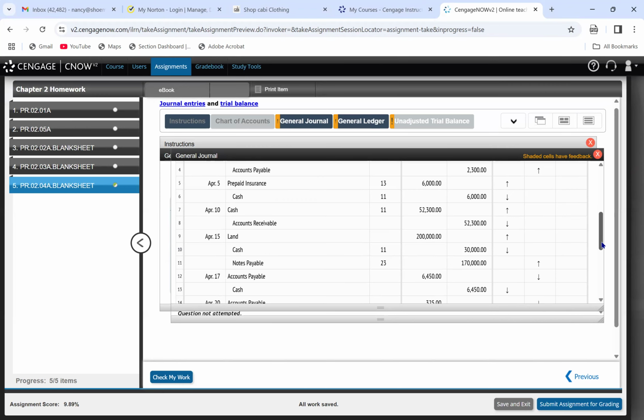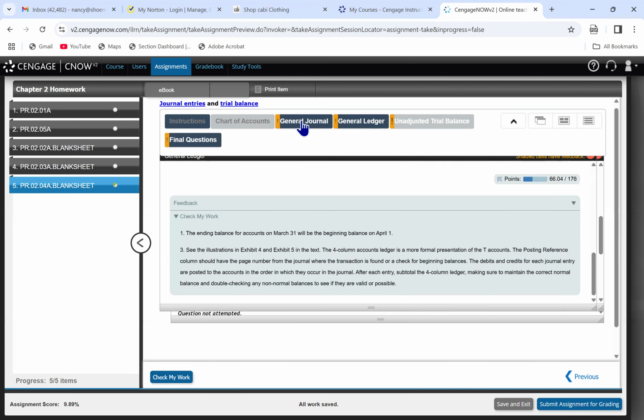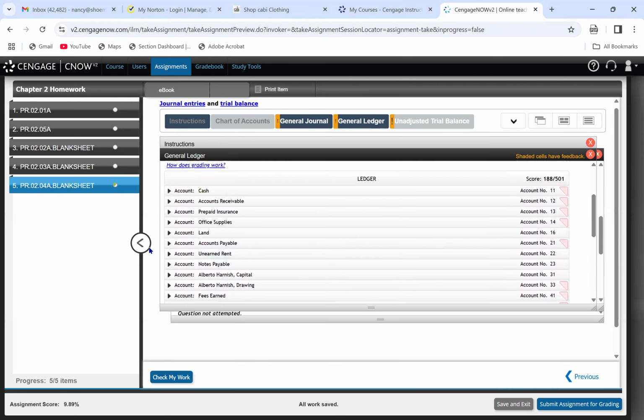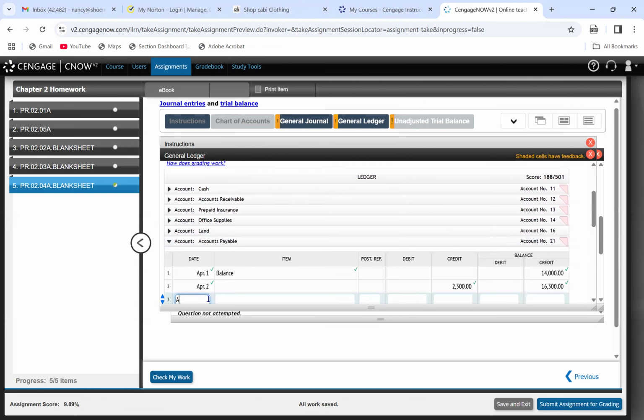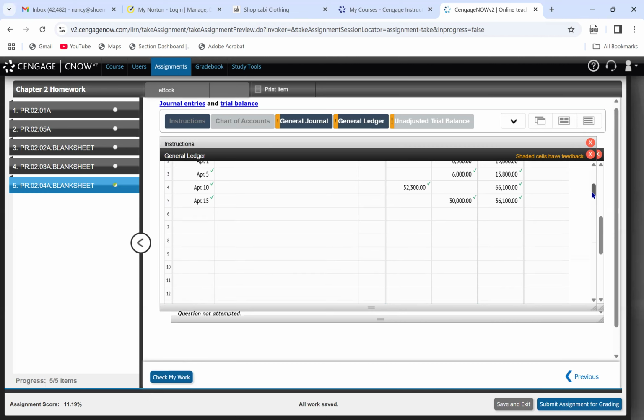We've got one for accounts payable of 6,450 and cash of 6,450. This date is April 17th. Accounts payable, April 17th, 6,450. My new balance here, 16,300 minus the 6,450 is 9,850. Did I put that in the wrong spot?